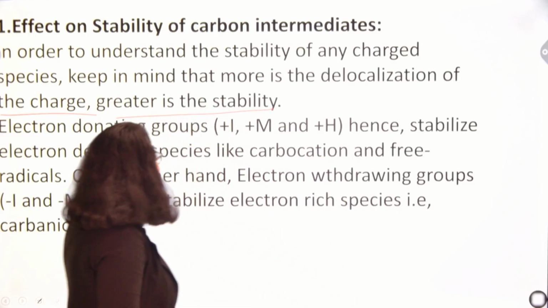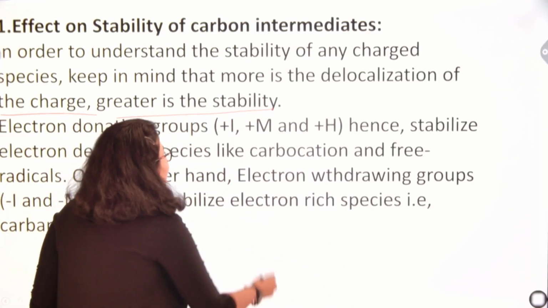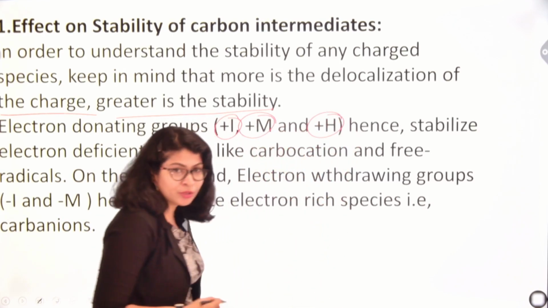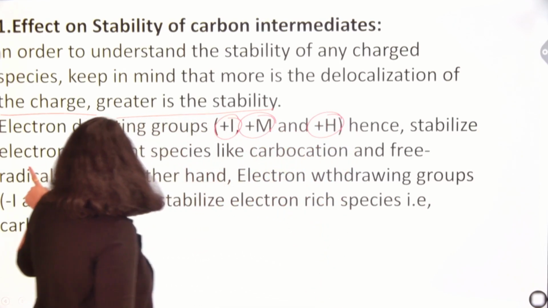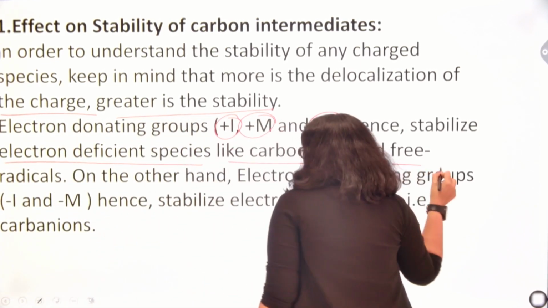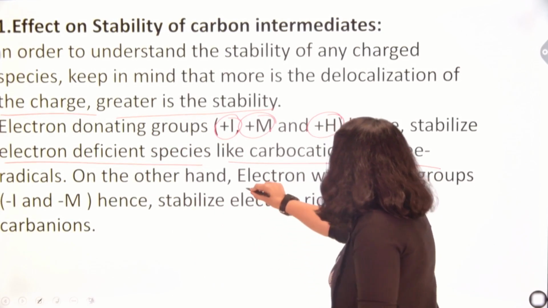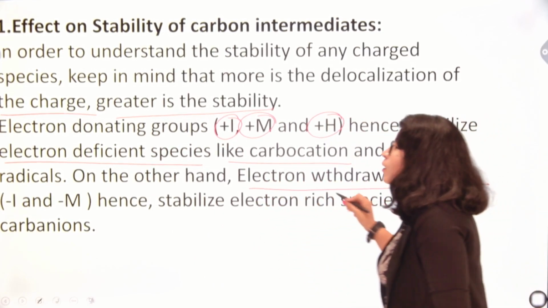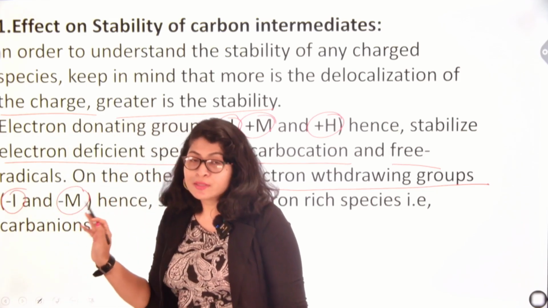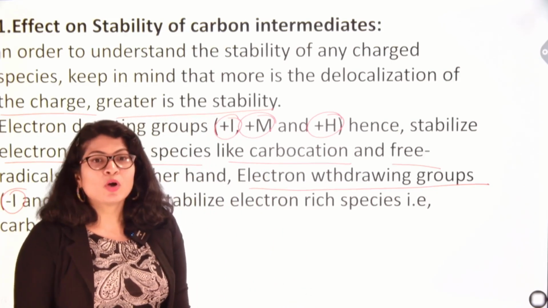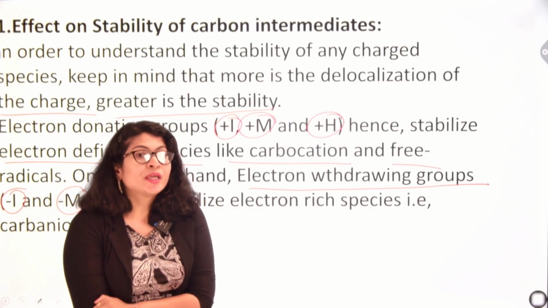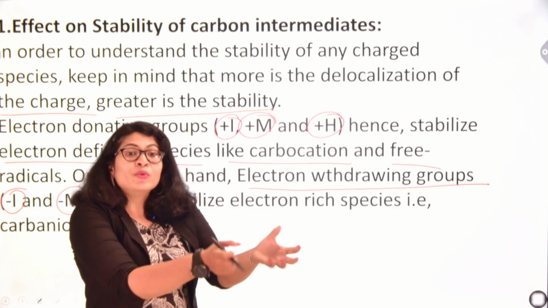Okay. So electron donating groups which have plus I, plus M or plus H hyperconjugative effect hence stabilize the electron deficient species like carbocation and free radicals. On the other hand, electron withdrawing groups like -I or -M. Why not -H? Because hyperconjugation can never operate in withdrawing electrons.